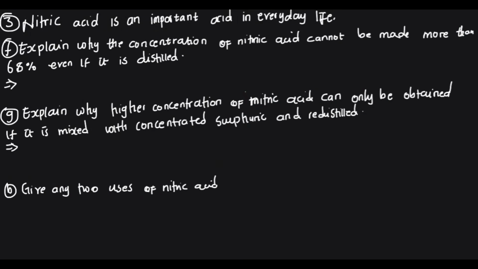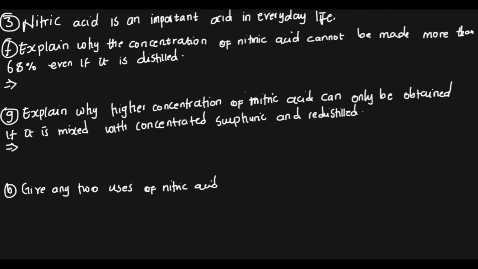Okay, now we move on to question F. Explain why the concentration of nitric acid cannot be made more than 68% even if it is distilled. So why do we have the maximum of 68%? Why not getting 100?